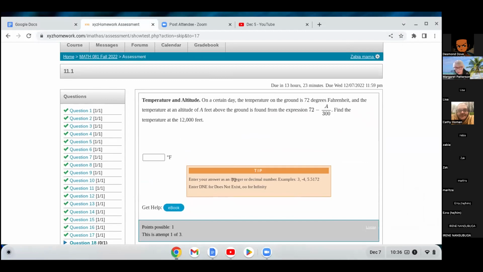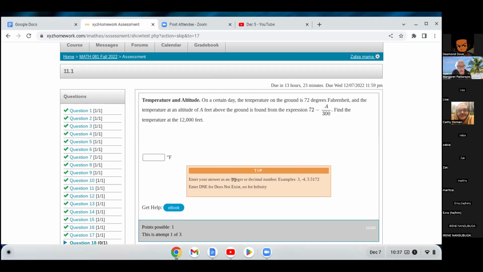It's 72 subtract A divided by 300. So that's the formula for the temperature. Now, all you have to do is write down 72 minus A over 300.